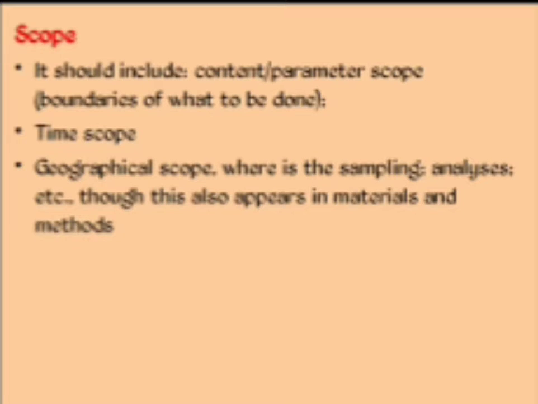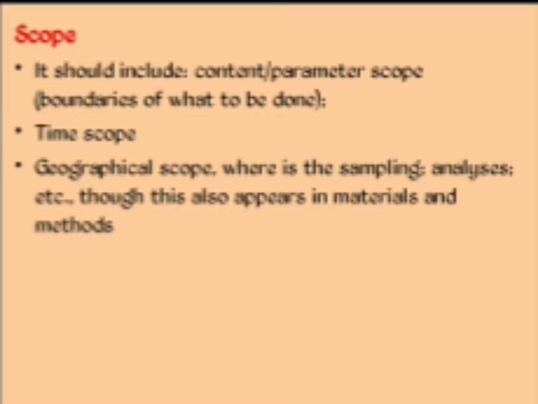Let's look at the other aspect called scope. Scope includes the content, parameters, and boundaries of what is to be done. We can look at things like time and geographical scope. For example, you can tell us when you are planning to do this, when, where, how.